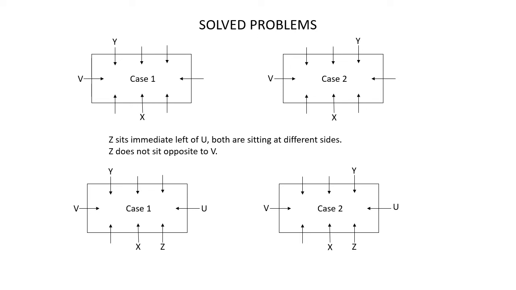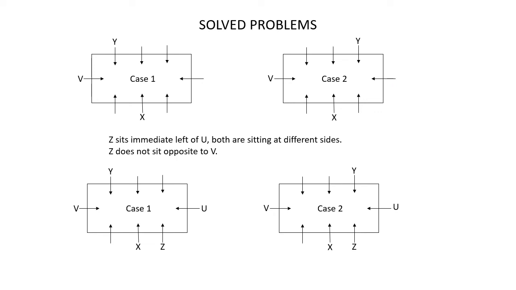Let's move on to case 2. In case 2, Z and U cannot sit in these two positions because they have to sit at different sides. But Z does not sit opposite to V. So Z cannot sit here.